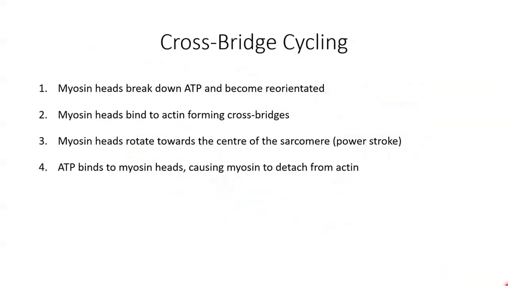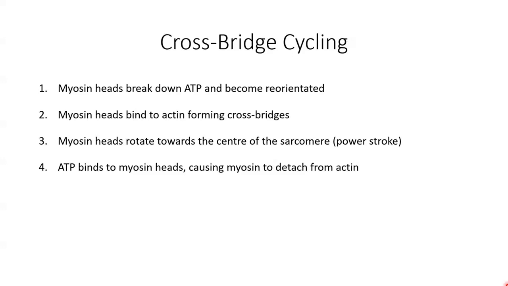So a written summary of our cross bridge cycling. An enzyme on our myosin heads will break down ATP, and that head becomes reorientated. Myosin heads bind to actin, forming cross bridges. The myosin heads then rotate towards the center of the sarcomere, which is what we call the power stroke.